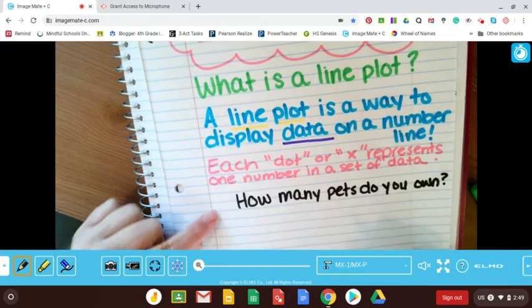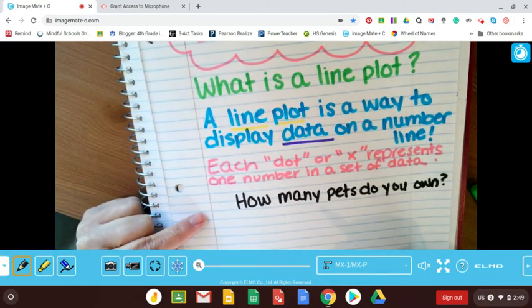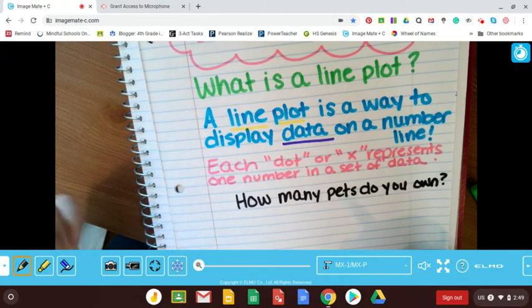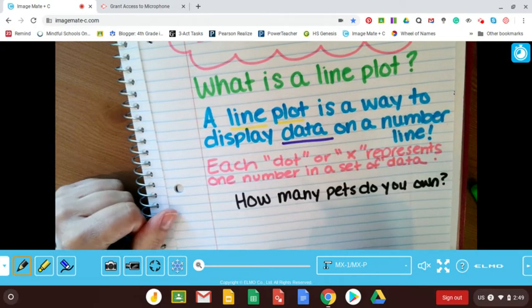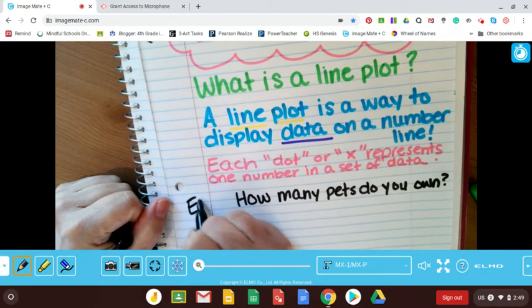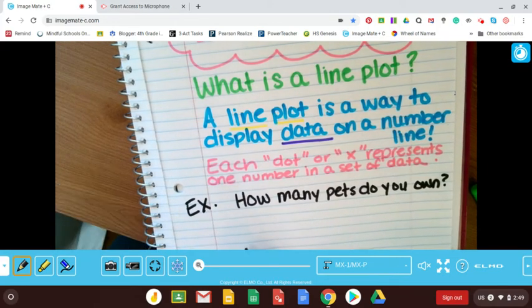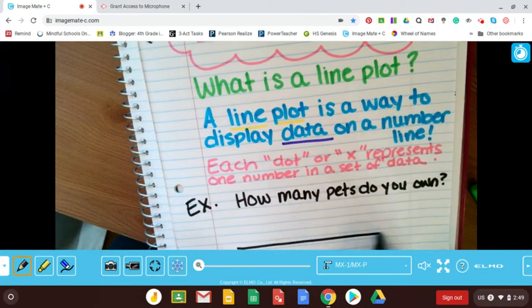And that could also be maybe the title of my line plot. It might be pets or pets owned by people, something like that. So that's my example. So here's what that might look like on a line plot.